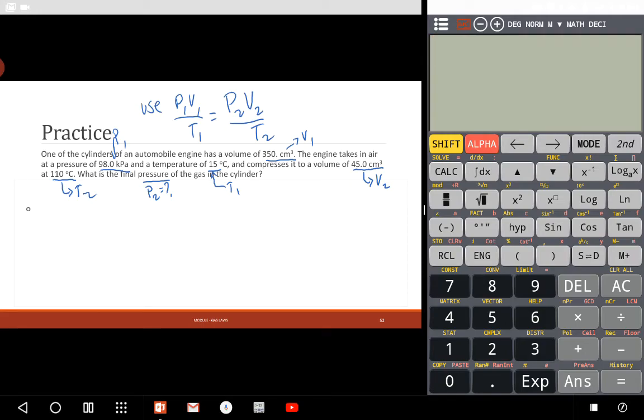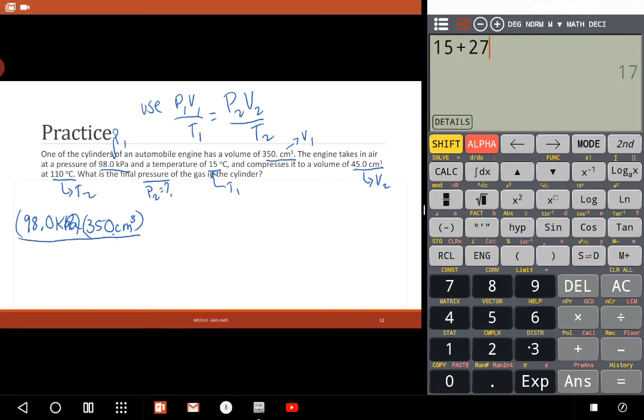I can go ahead and plug in my variables, 98.0 kilopascals, and then I will have my volume initial, which is 350 centimeters cubed, divided by T1, which I need to convert into Kelvin.